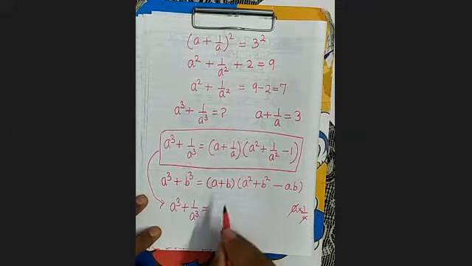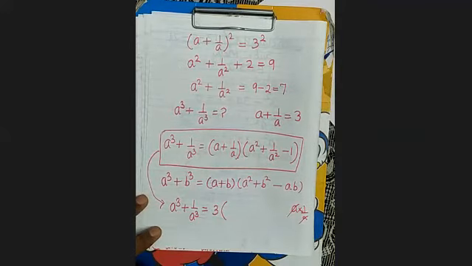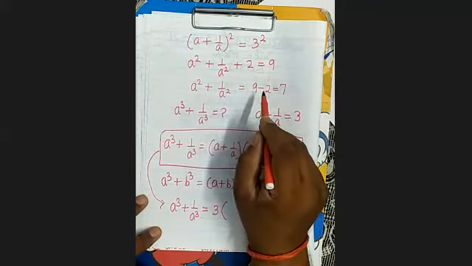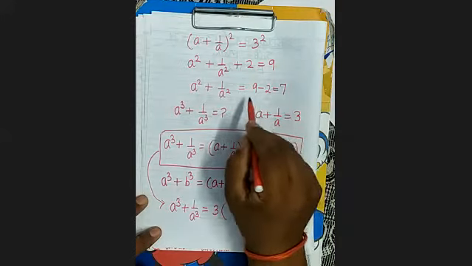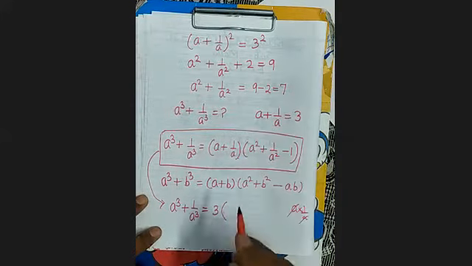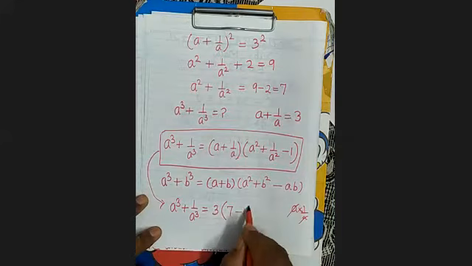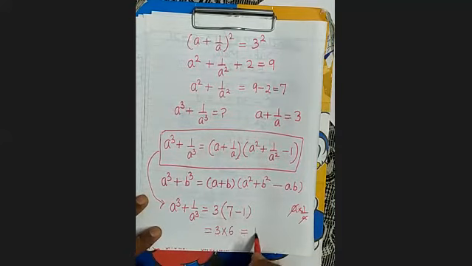What is A plus 1 upon A? 3. In the other bracket, A square plus 1 upon A square. What is A square plus 1 upon A square? You can see here it is equal to 7. 7 minus 1. That is 3 into 6 equals to 18.